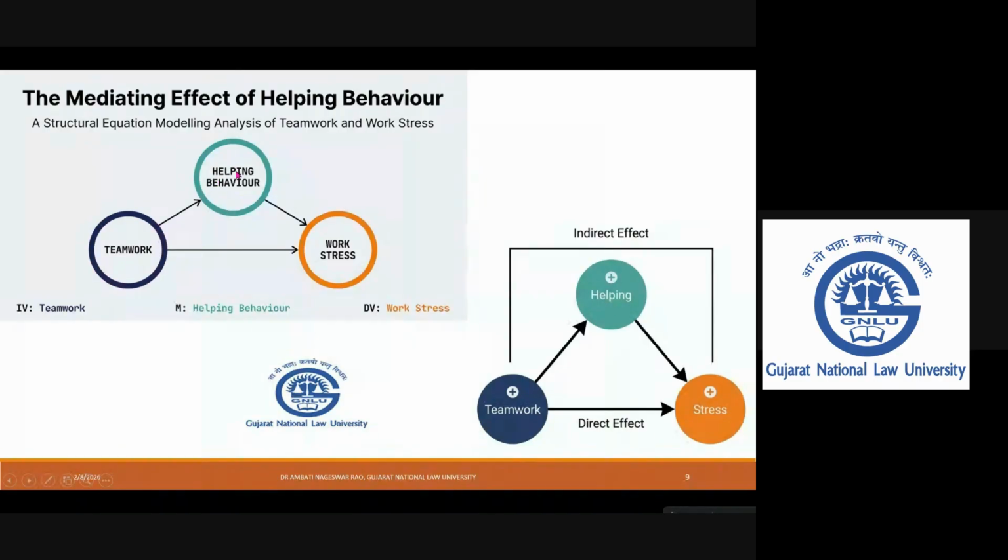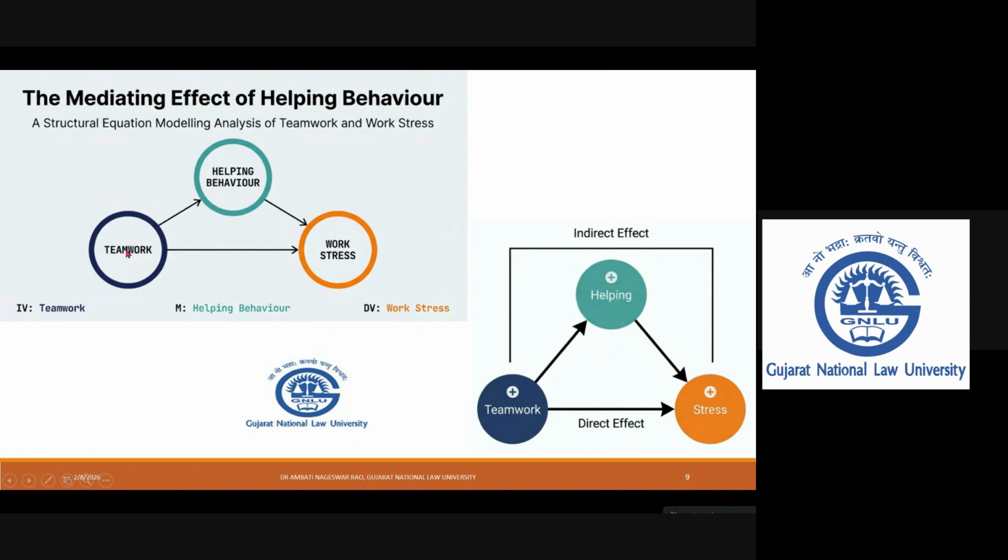Before looking at the role of the mediator, I also need to see whether teamwork has any influence on helping behavior. Third, I also want to know the direct effect of helping behavior on work stress. Lastly, I want to know the mediating effect of helping behavior on the causal relationship between teamwork and work stress.